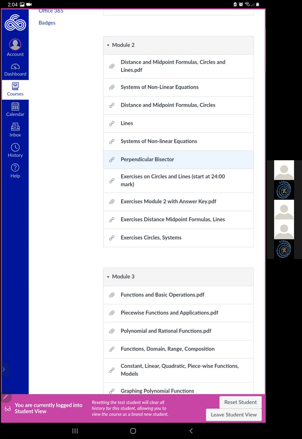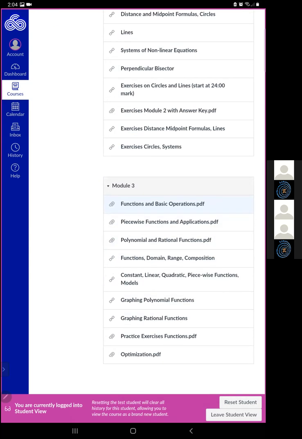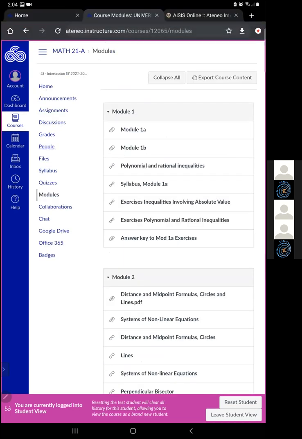And then for module 3, for example, you have a file on optimization, which is actually supposed to be part of applications of piecewise functions, or the different kinds of functions. So I hope you browse those files and videos so you have an idea of what to expect in the first quiz on Friday, 5 to 7 p.m.